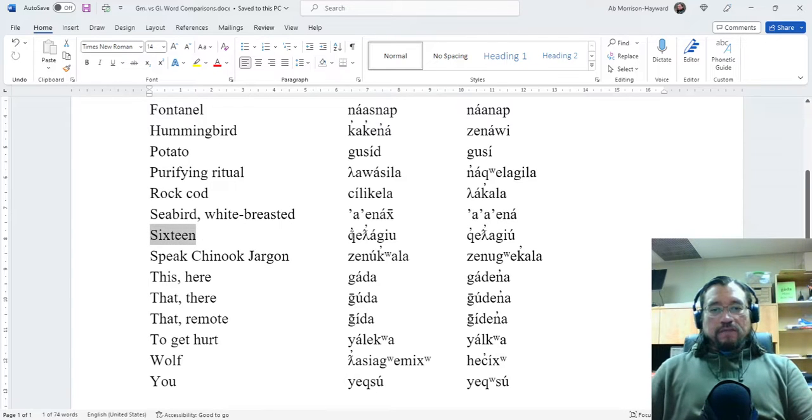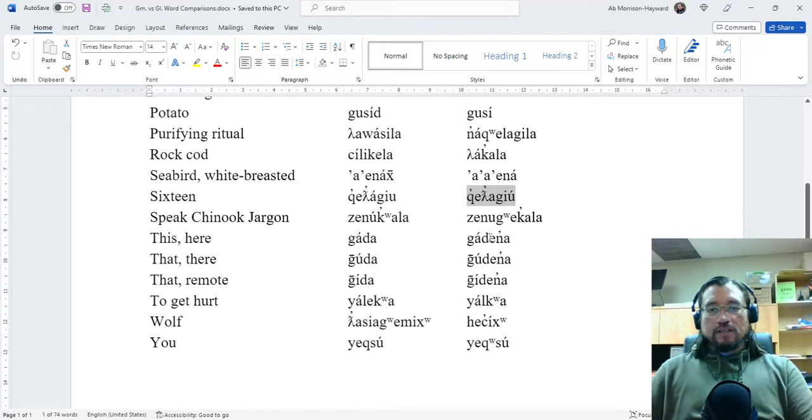The word for 16 in xaislakiala is katlagyu. And in xenaksiala, katlagyu. To speak Chinook jargon, the word in xaislakiala is xenukwala. In xenaksiala, xenugwakiala. The word for this or here in xaisla, it's gyada.